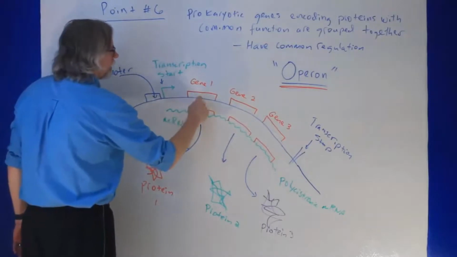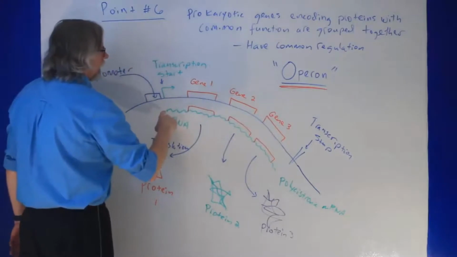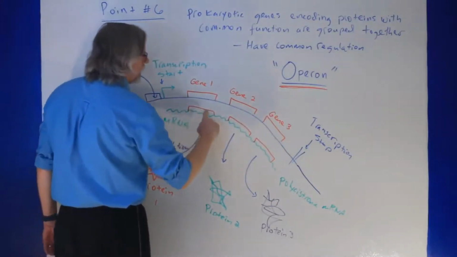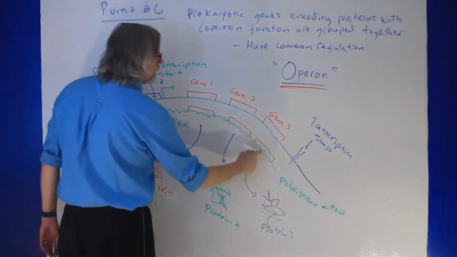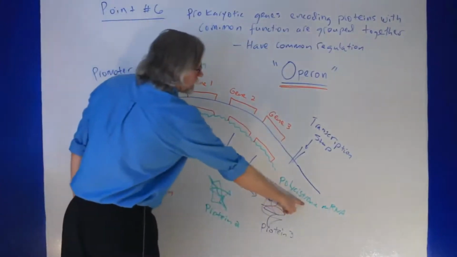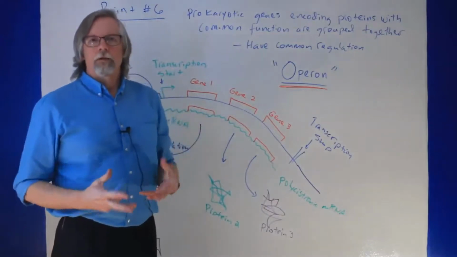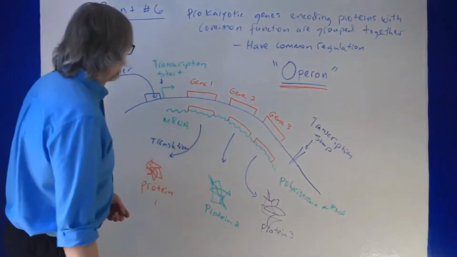At the DNA level, the genes are separate coding segments. The RNA transcription will transcribe one transcript, one mRNA, that will have 3 different coding regions, okay? This is called a polycistronic mRNA, meaning it has more than one cistron or protein coding region, okay?